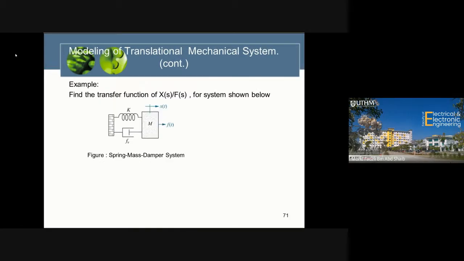Example: find the transfer function of XS over FS for the system below. I will show you one by one how to solve this problem.